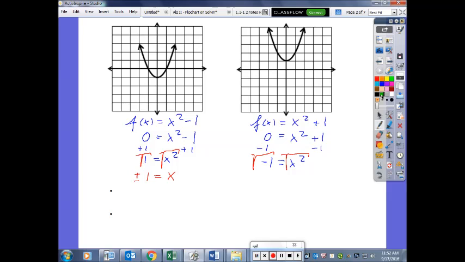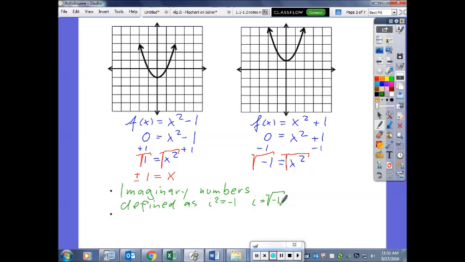But today you will learn about a new number system, which is called the imaginary numbers. And the imaginary numbers are based on the following definition. i squared is equal to negative 1, which means that i is equal to the square root of negative 1.